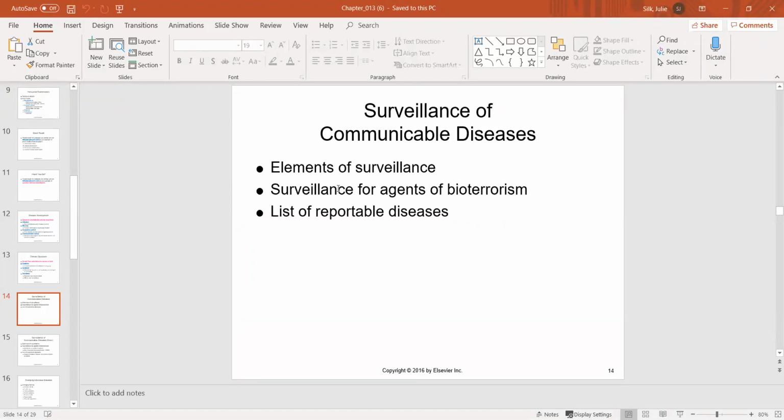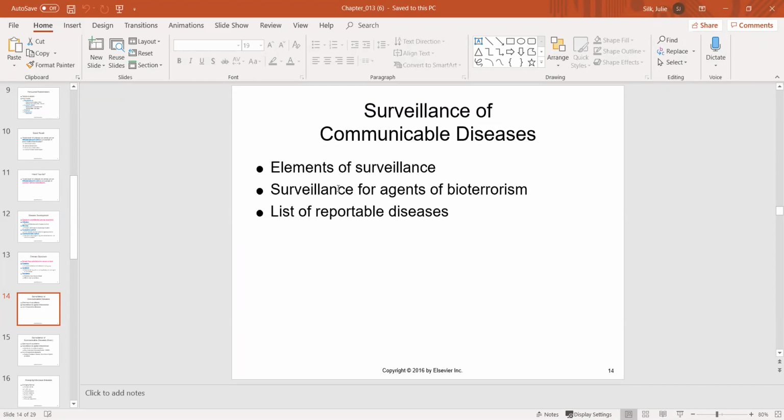Reporting things is huge because then you can keep track of how bad it is at the time. And then this talks about surveillance of agents of bioterrorism, which is so scary to me. These are things that we don't see very often. Like, I forget how many years ago, when people were sending letters with anthrax in them, that white powder and everything. That's just crazy to me.